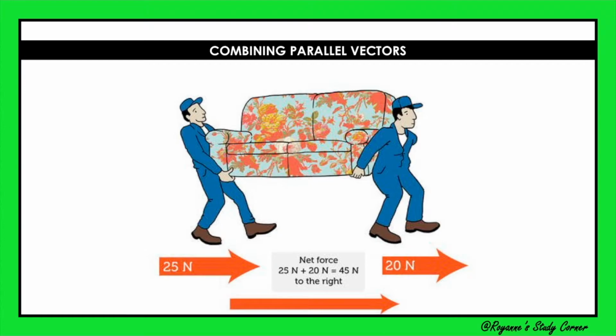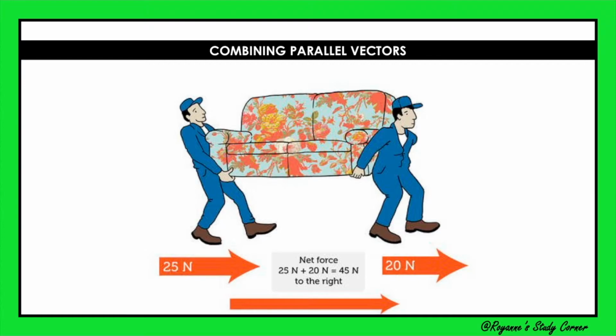So if we look at these two guys here, let's say you buy a couch from Standards and they're bringing that couch into your house. They are both walking towards your house. The guy in front is moving it with a force of 20 newtons, and the guy holding the back of the couch is moving it with a force of 25 newtons.